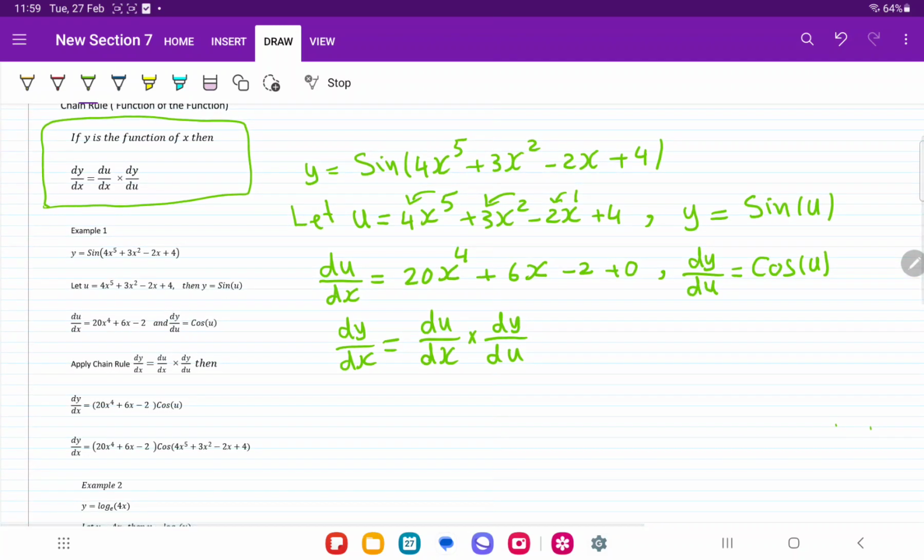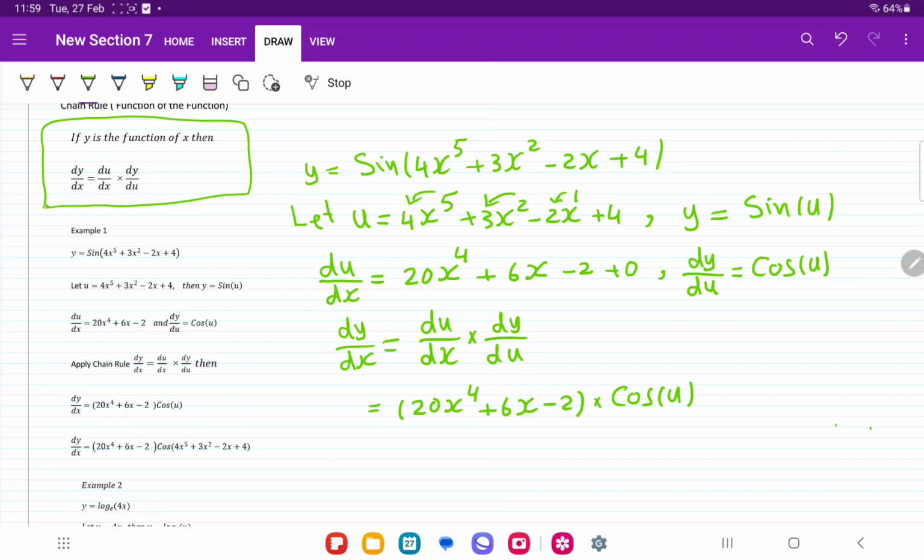So du over dx is 20x to the power 4 plus 6x minus 2, times dy by du, which is cosine u.